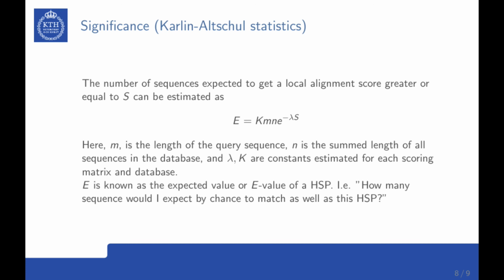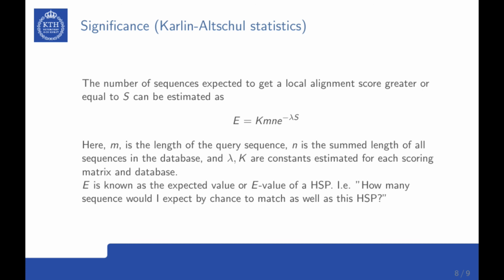The parameters lambda and K are estimated for each score matrix and database. So there is actually a certain tuning phase of BLAST, where you use random alignments in order to see what values to select for lambda and K, given the database at hand and given the scoring matrix at hand.